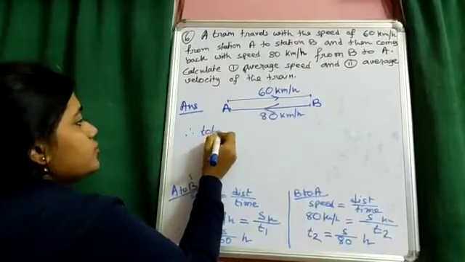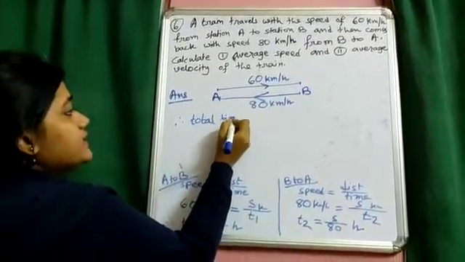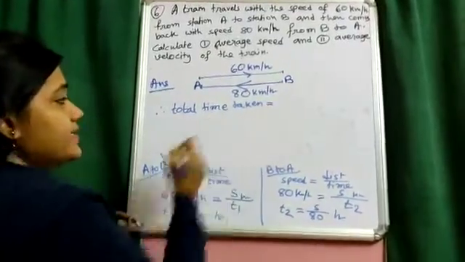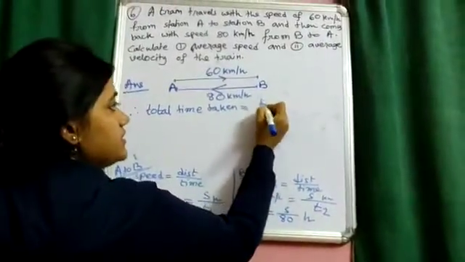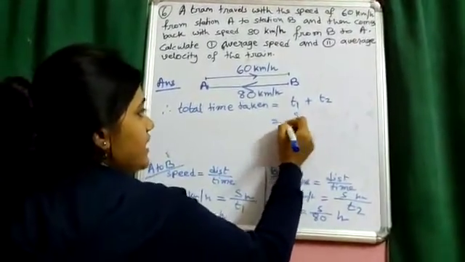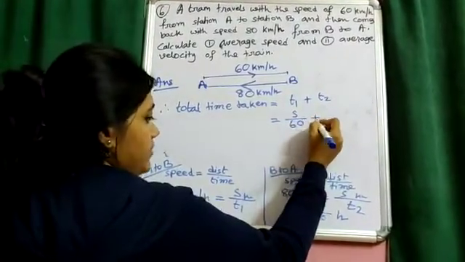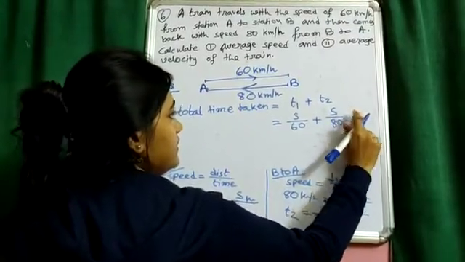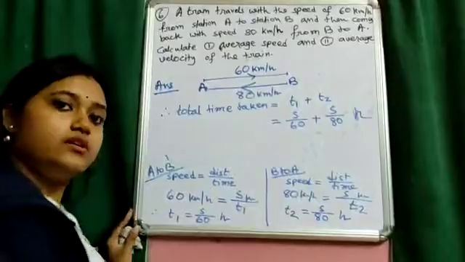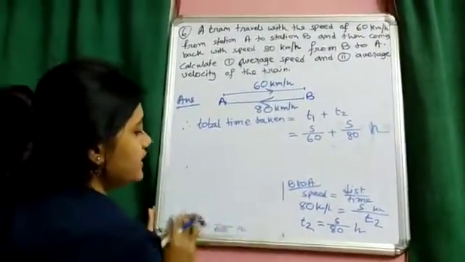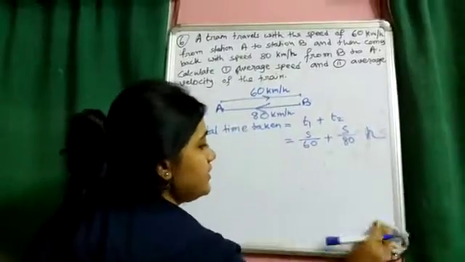Therefore, total time taken is equal to T1 plus T2, that is S by 60 plus S by 80 hour. Now, what is the total distance covered?